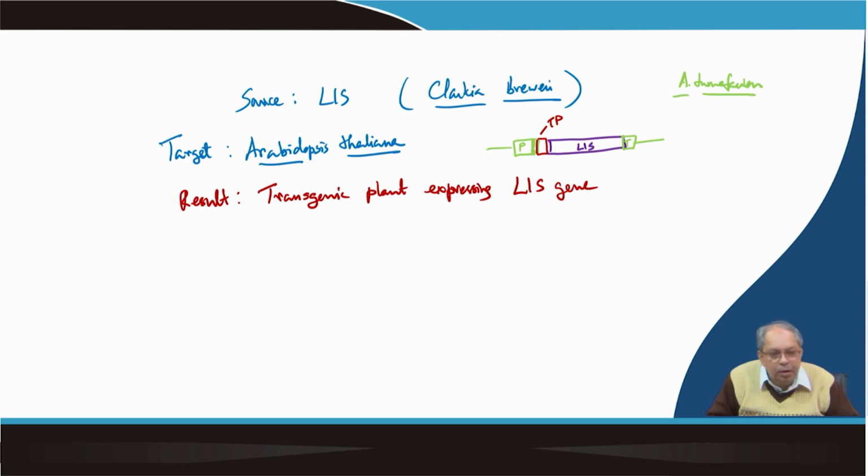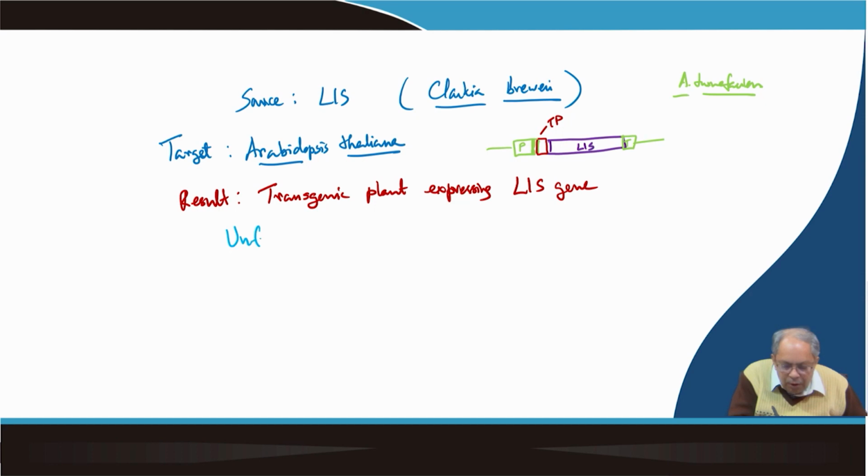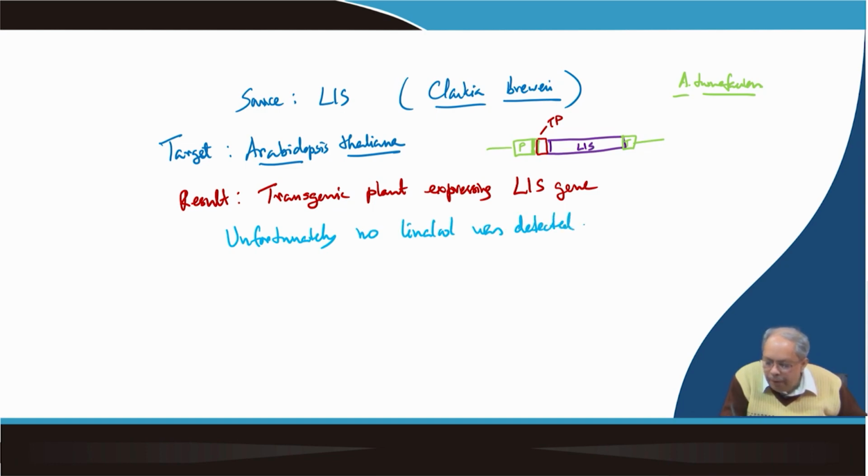But when they tried to measure the linalool from the floral tissue, unfortunately no linalool was detected in the transgenic Arabidopsis flower, where LIS was expressed.